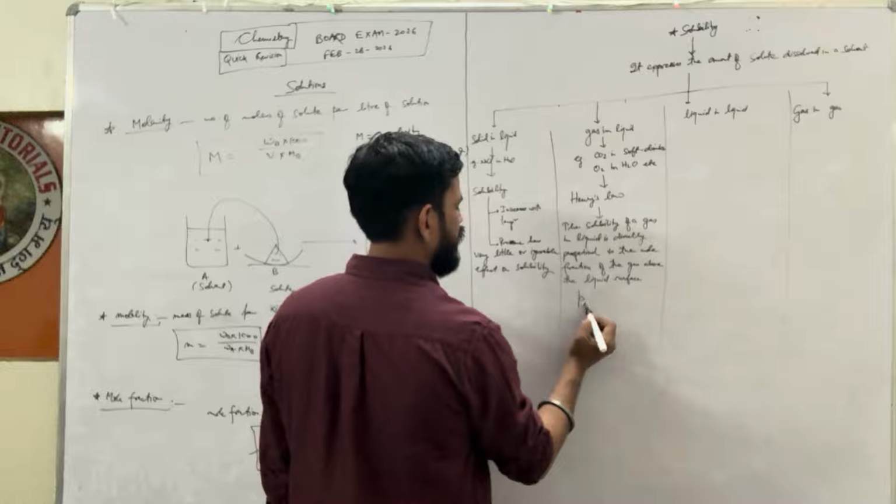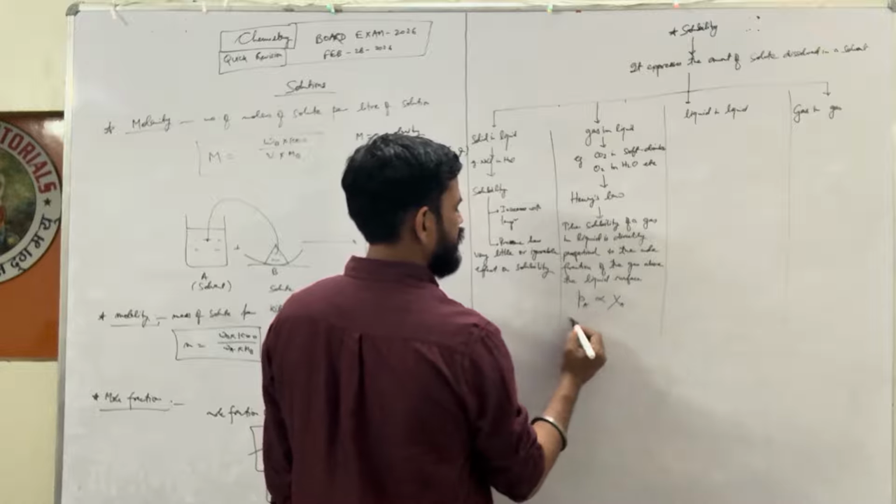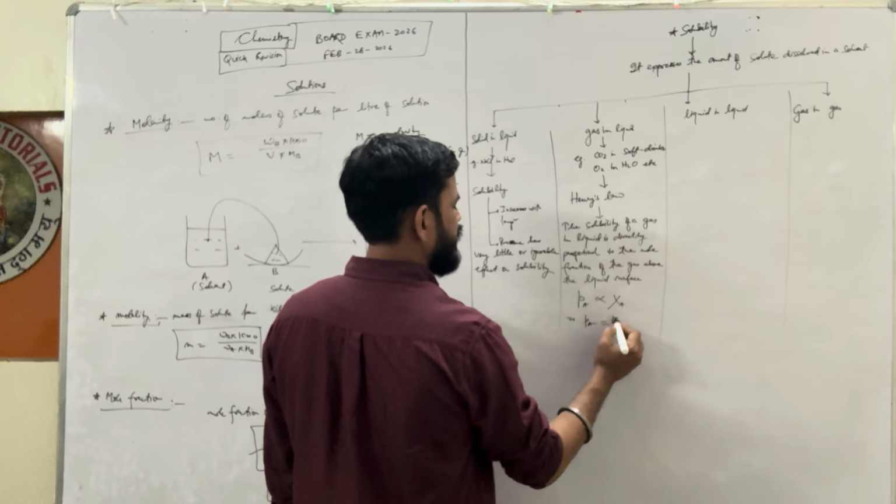So the partial pressure of a gas is directly proportional to the mole fraction of the gas, and the proportionality constant is Henry's constant.